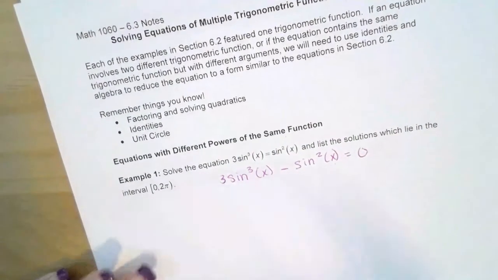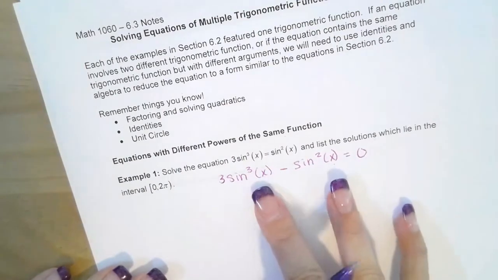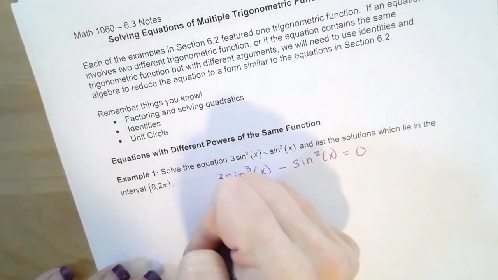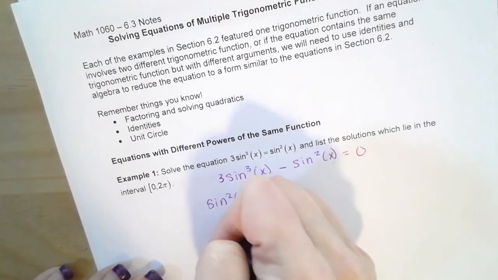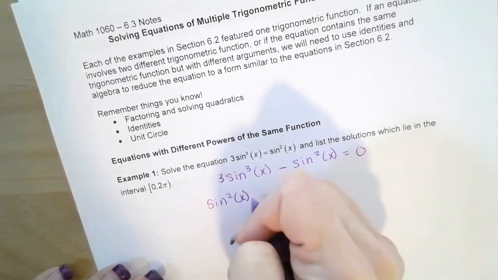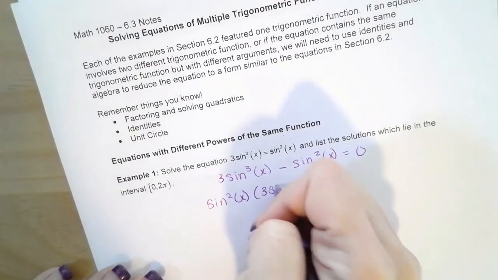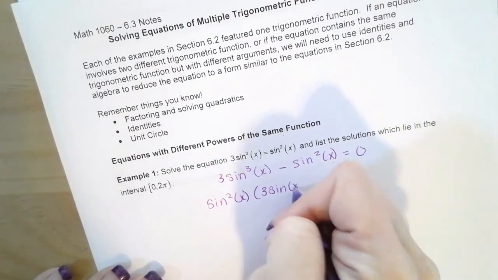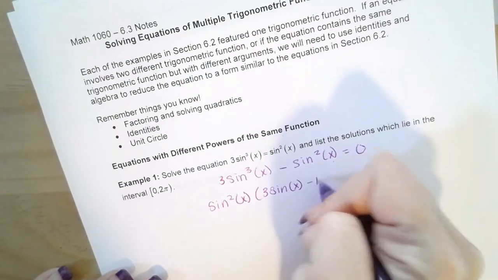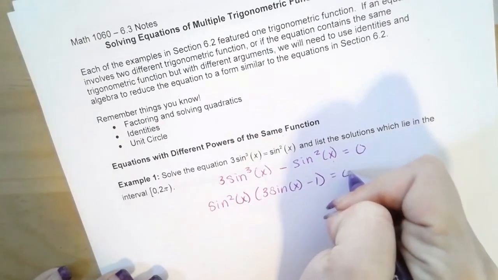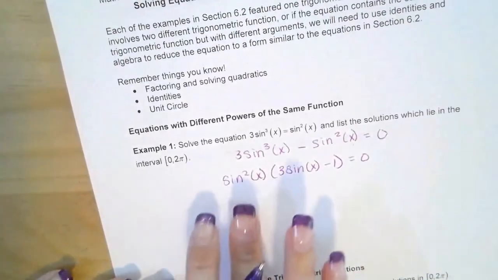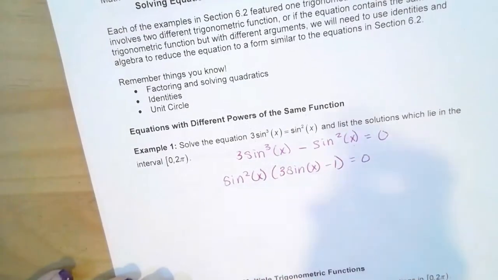Now I see that they have a sine squared x in common, so I am going to factor that out. That's sine squared x times 3 sine x minus 1. That allows me to have both parts equal to 0.